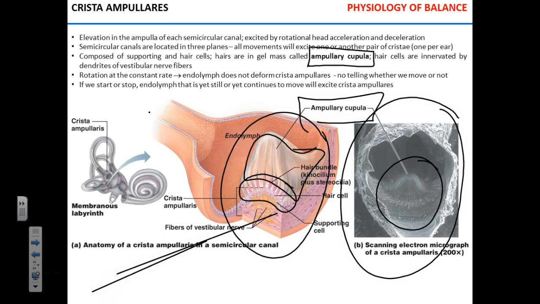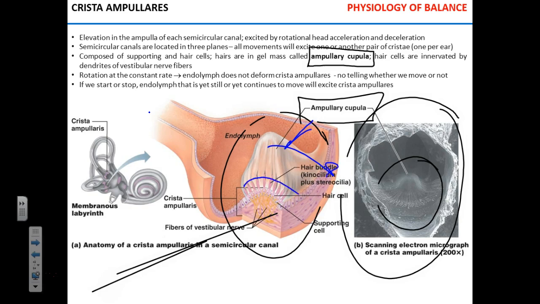Okay? Does that make sense? So when we start to rotate, crista ampullaris deforms. I will show you it in a minute. It deforms, okay? When it deforms, it deflects the hair cells. Imagine for a second that this structure will bend to the right.